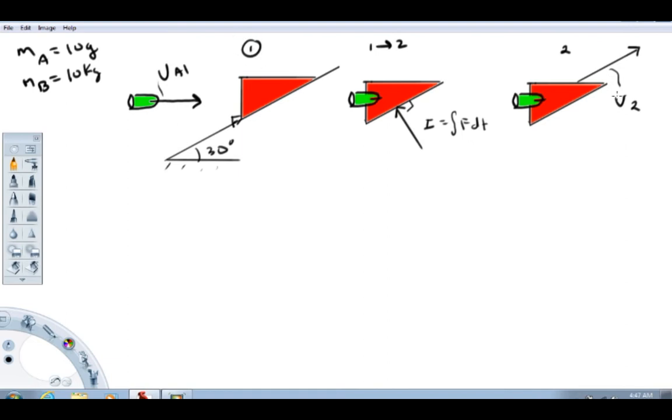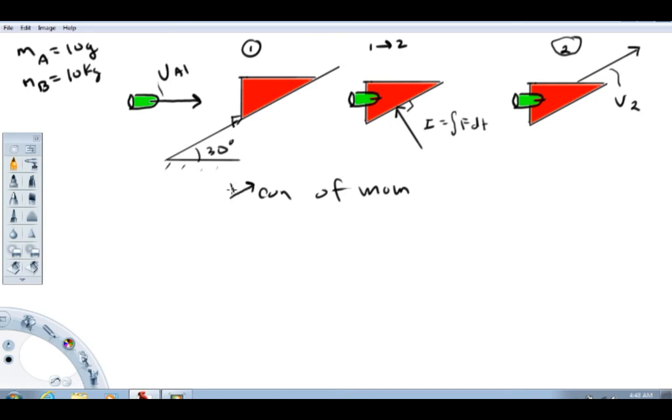Momentum in picture 1, momentum in picture 2, impulse acting in between. Now, we don't know what this impulse is, but we do know that it's normal to the surface. So what we can do is write an equation for conservation of momentum in this direction.